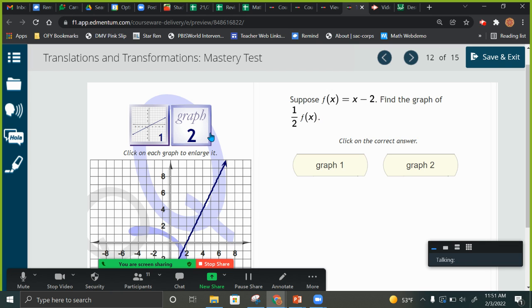Aren't we doing the opposite of x minus 2? Good question. It's not the opposite because the 1/2 is happening on the outside. So we're doing it face value.